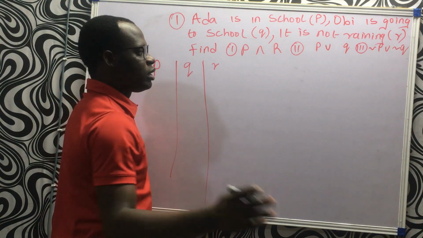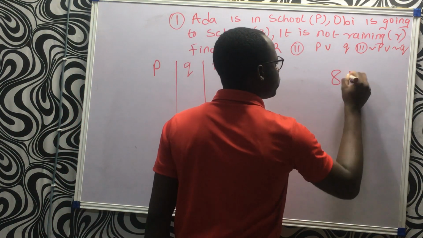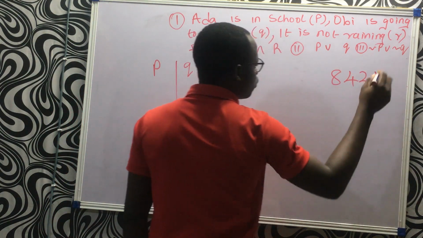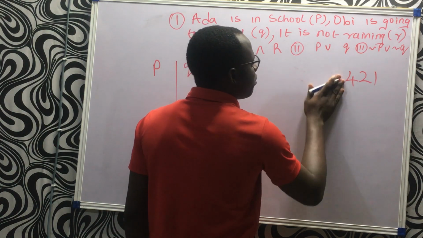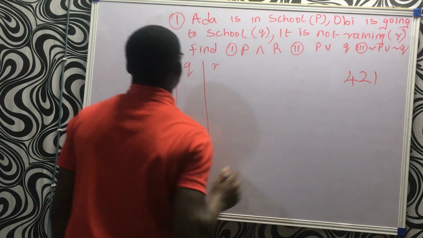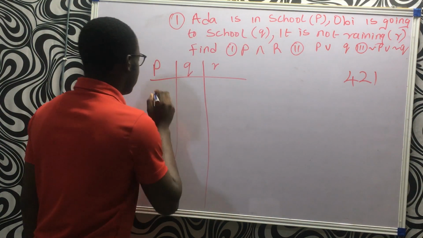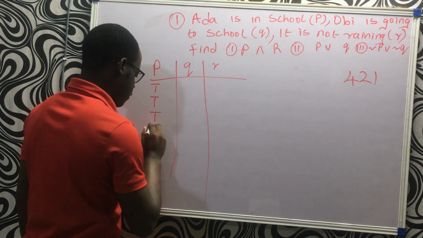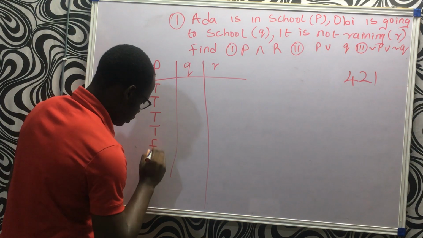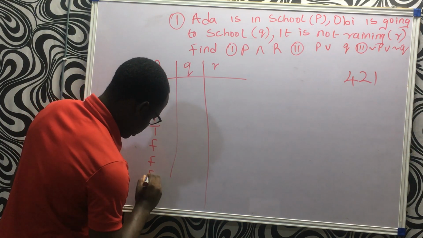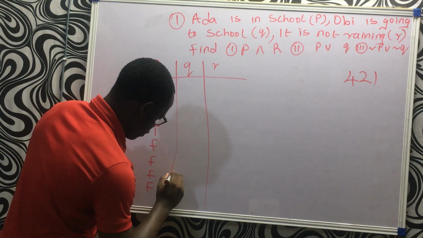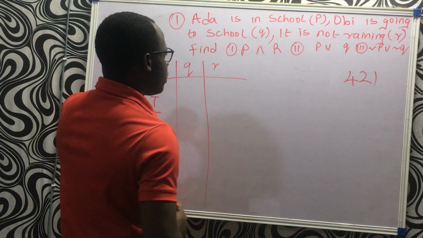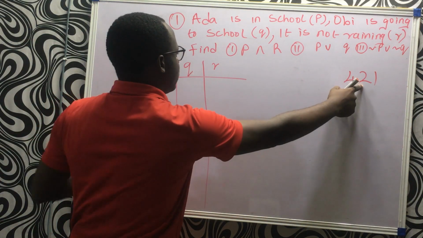Now, remember, for the truth table we make use of the numbers 8, 4, 2, 1. We have three inputs, which means we are making use of 4, 2, 1. So for P we take four at a time: 1, 2, 3, 4, then 1, 2, 3, 4. Then for Q, we are taking them two at a time.